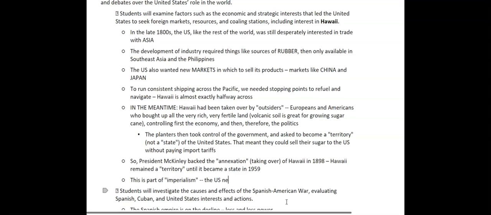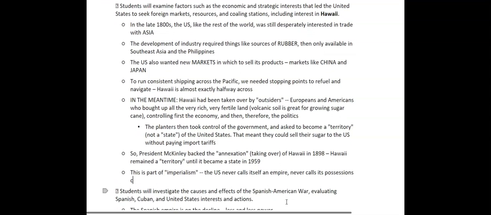The U.S. never calls itself an empire, never calls its possessions colonies, but sort of functions that way. There we go. See that? And that's how you do the notes. Imperialism, word to know. Like an empire.